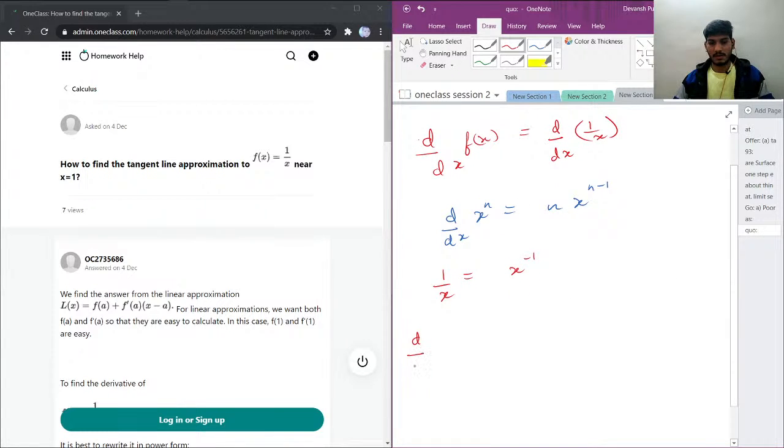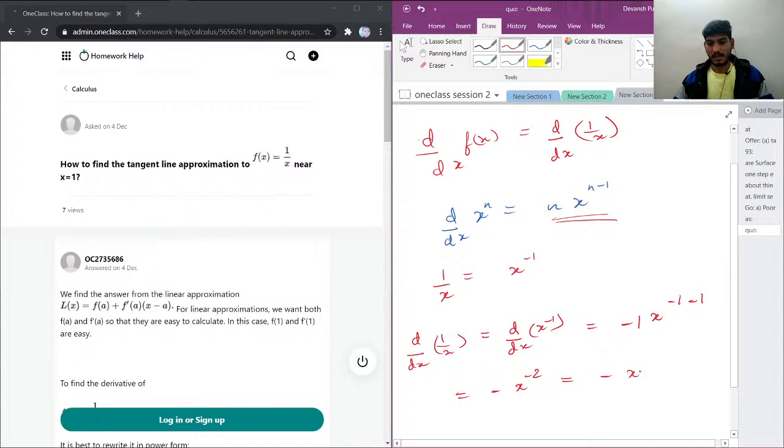Therefore, d dx of 1 over x is equal to d dx of x inverse, and by using this rule I can write it as negative of x power minus 2, which is negative of 1 over x square.